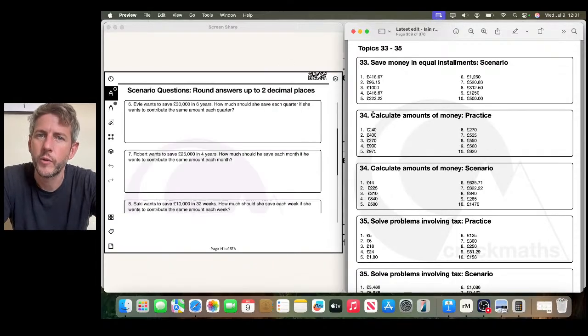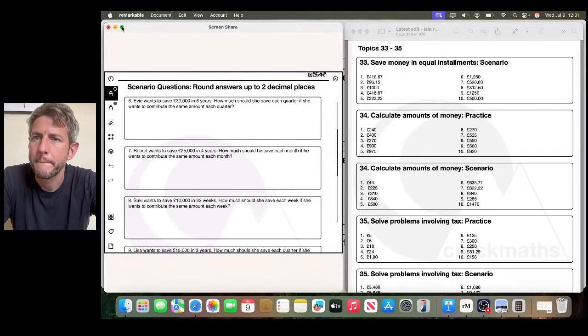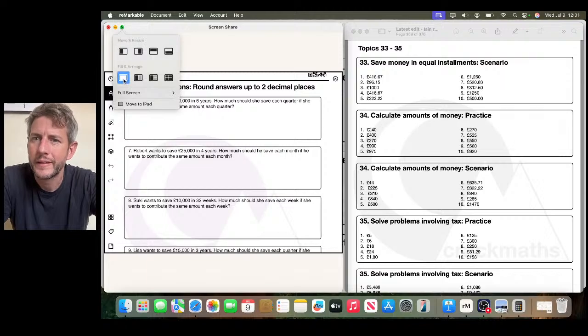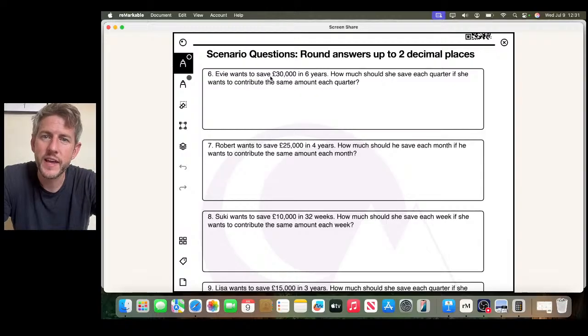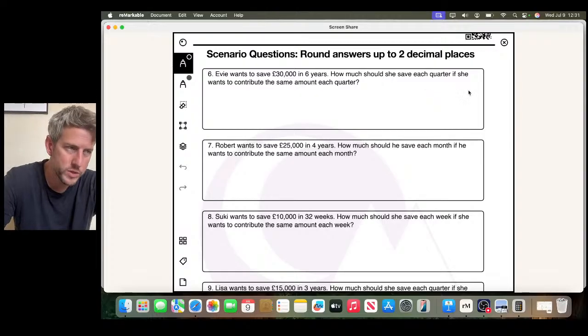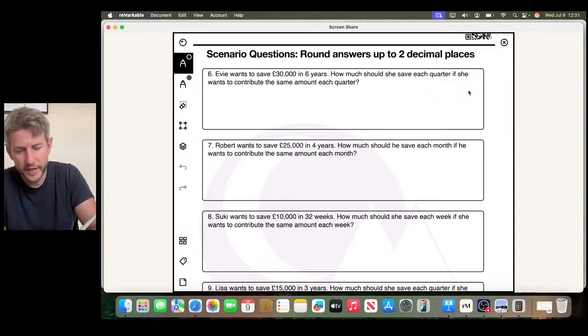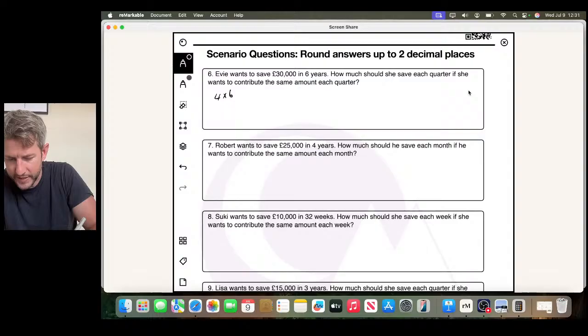Right, scenario questions. Evie wants to save £30,000 in 6 years. How much should she save each quarter if she wants to contribute the same amount each quarter? Again, there's 4 quarters in 1 year. So 4 times 6 is 24. So there's 24 quarters in the 6 years.